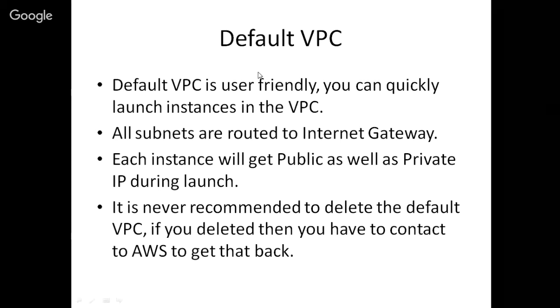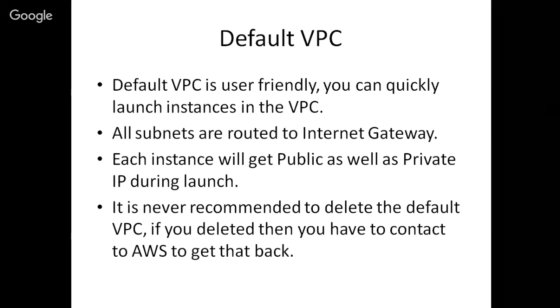Default VPC. If you create an Amazon account and log in to the Amazon console, you need not create any VPC to start with, because Amazon always makes it user friendly.